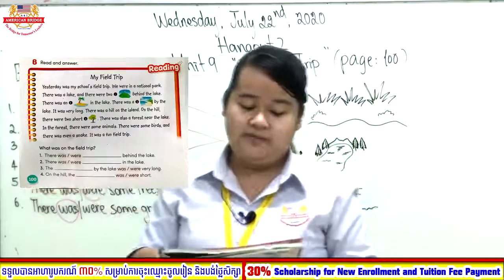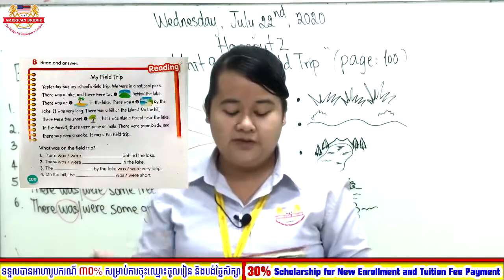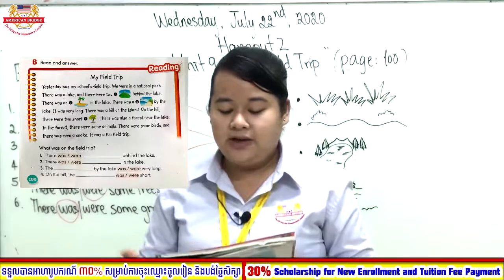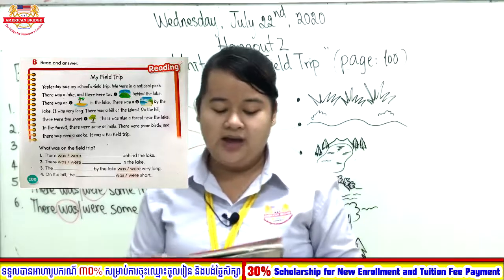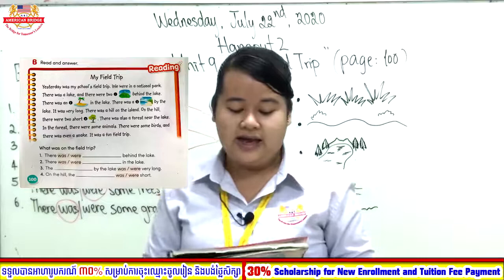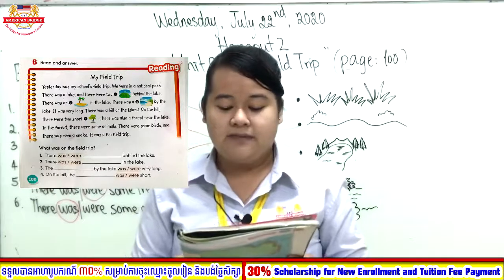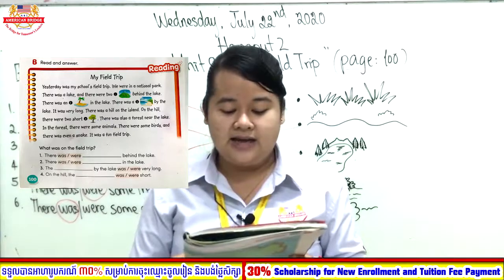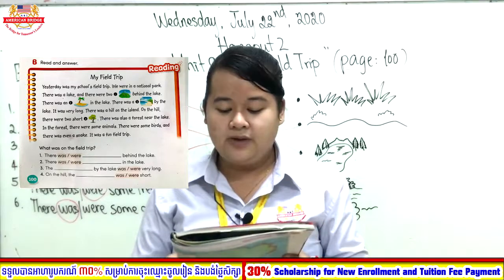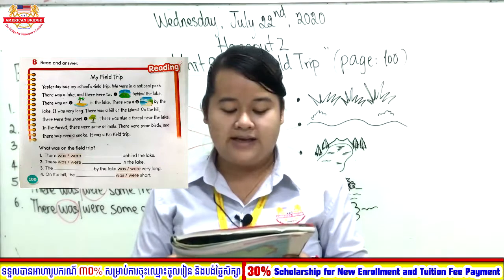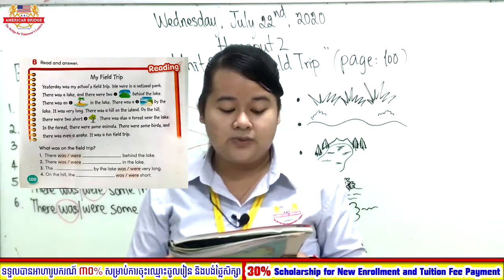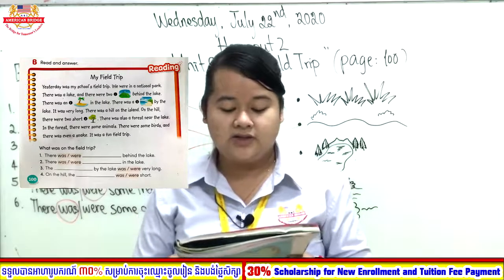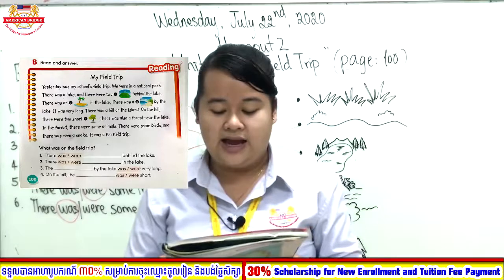My field trip yesterday was my school field trip. We were in a national park. There was a lake and there were 2 mountains behind the lake. There was an island in the lake. There was a beach by the lake. It was very long. There was a hill on the island.